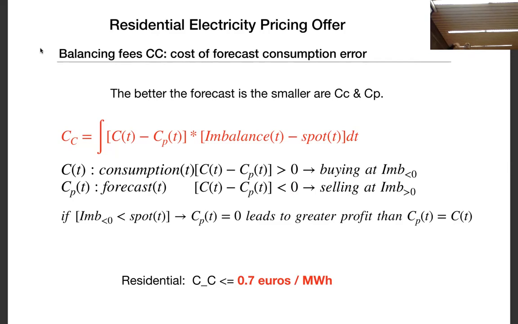At the end, it's the same principle as for the production: we will pay some fine to the TSO at the unbalanced price. So as an energy supplier, you need to anticipate that cost. You can make that kind of calculation and anticipate, for instance, that the cost will be 70 cents if your forecast is not too bad. And so when you make the contract with the consumers, you can put that cost into the price. Otherwise, you will lose money.